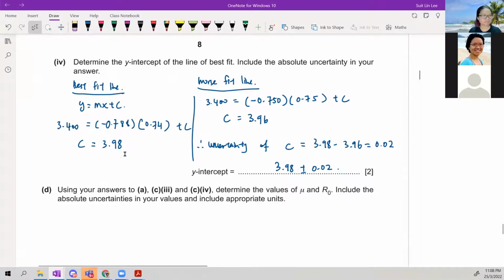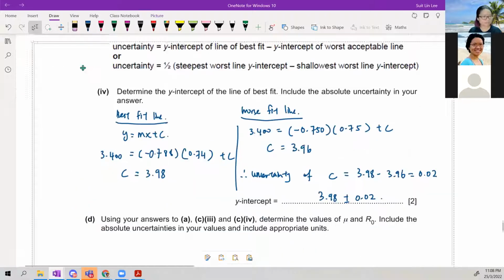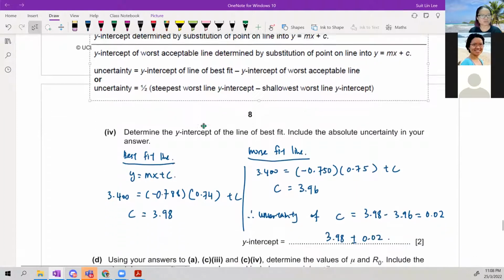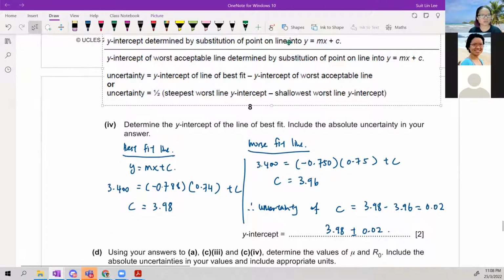I'll show you the mark scheme here. Y-intercept determined by substitution. Yes, we did substitute into y equal mx plus c. Yes, very clear now. Find the worst fit line using y equal to mx plus c. Uncertainty is the difference between the best fit and the worst fit y-intercept there. So just show the clear working.